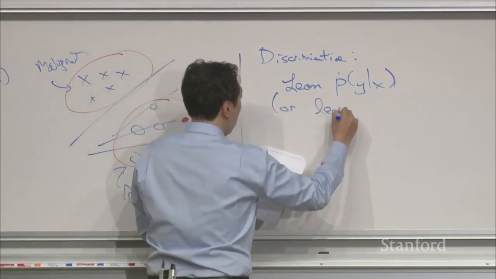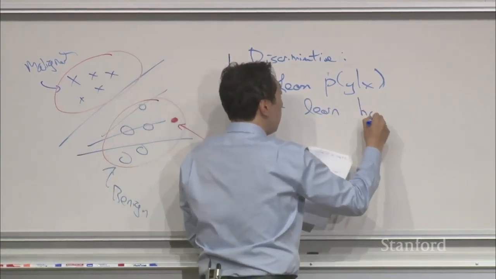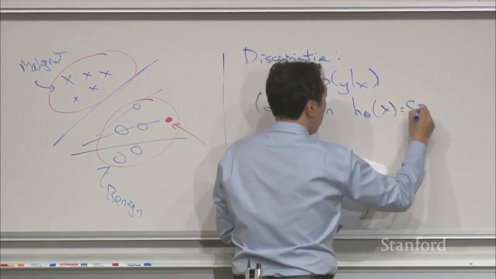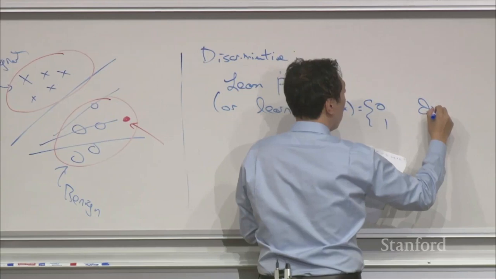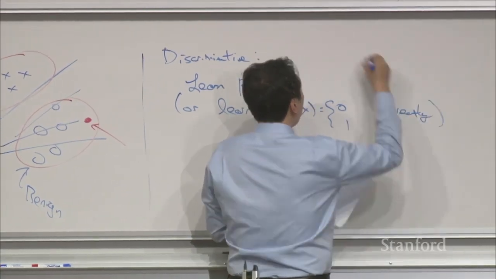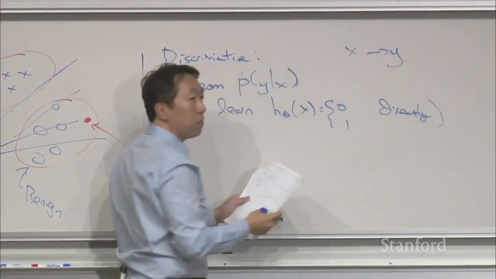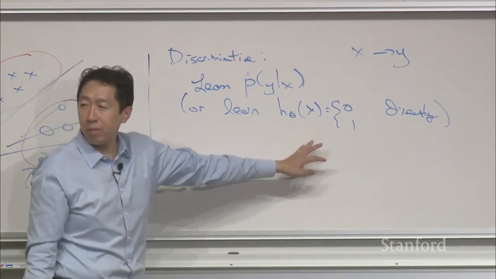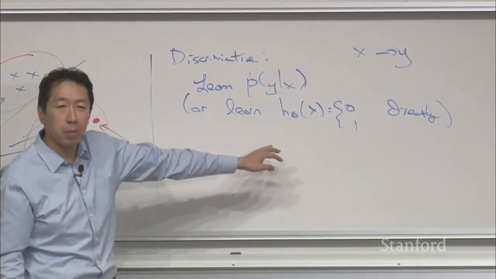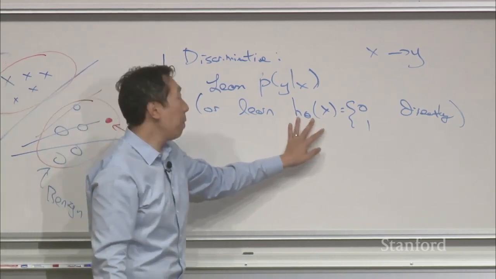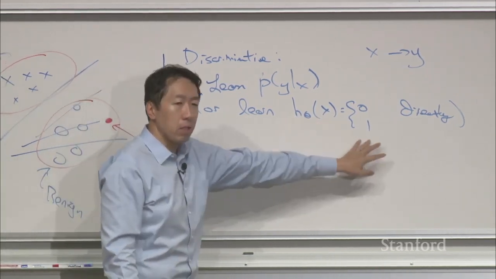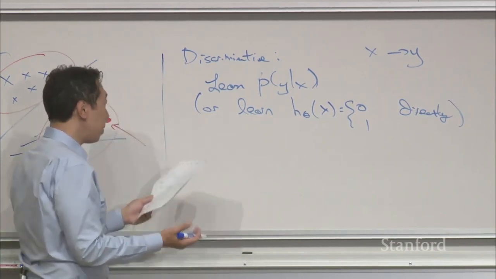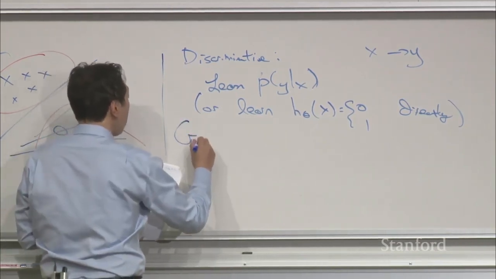Or it learns some mapping from x to y directly. Or it can learn, I think Anand briefly talked about the perceptron algorithm. We'll talk about support vector machines later. It learns a function mapping from x to the labels directly. So that's a discriminative learning algorithm where you're trying to discriminate between positive and negative classes.